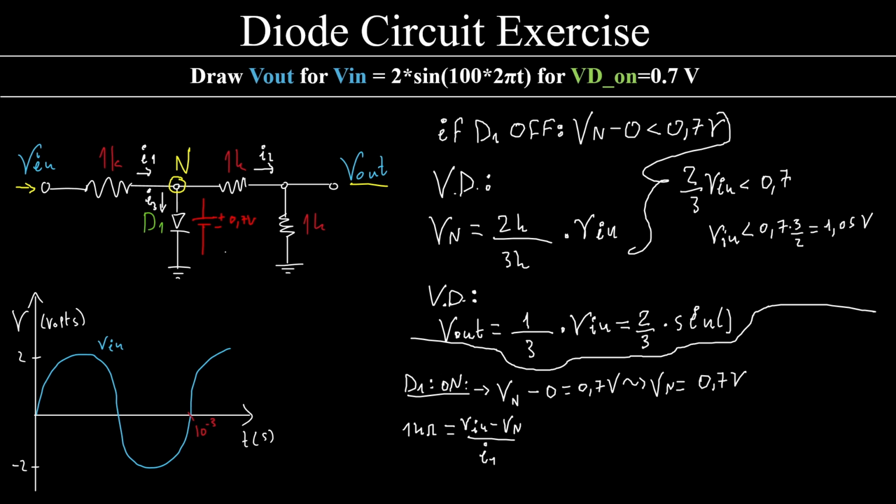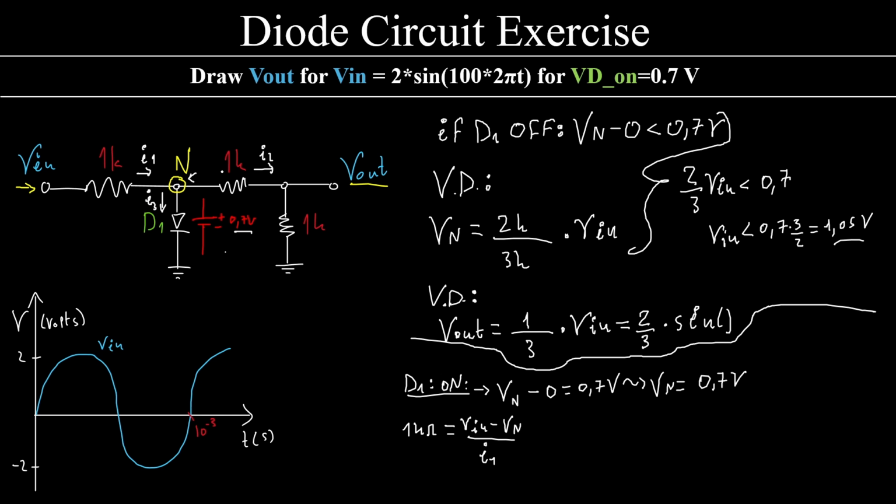Let's call this I3. And this node N is always going to have a constant voltage of 0.7 as long as Vin is high enough. If Vin is more than this value that we have found previously, no matter how high it is, even if it's 100,000 million volts, the current here, I2, is going to be one and the same, always, some value.